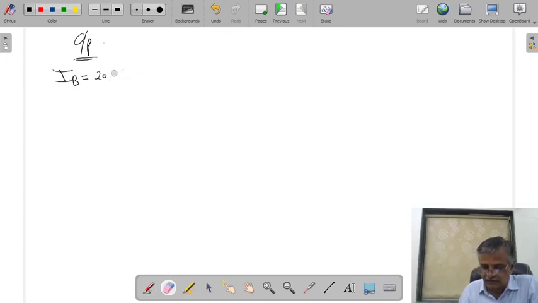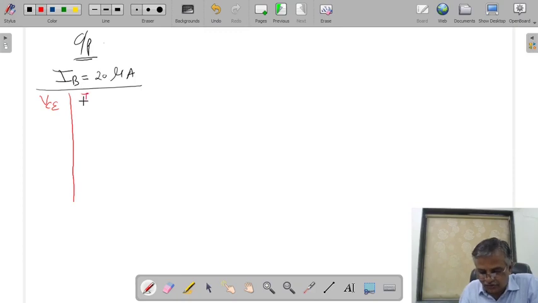Vary the collector emitter voltage and note down the corresponding value of the collector current.